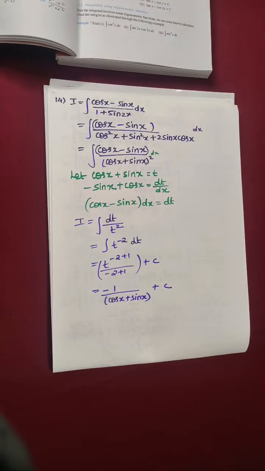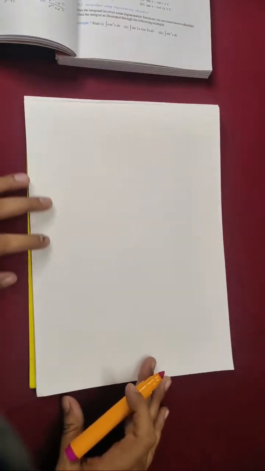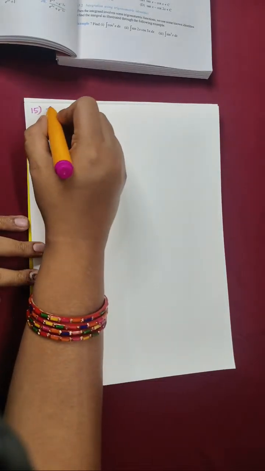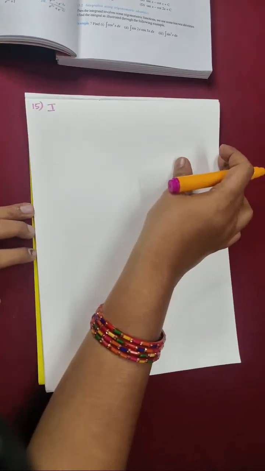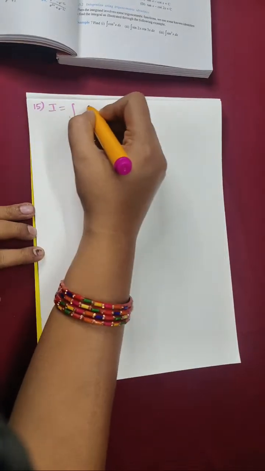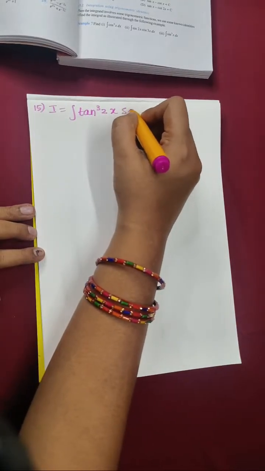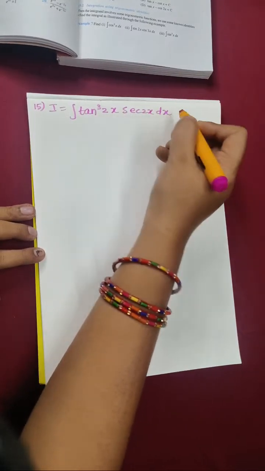What is the next question? I equal to the integral of tan cube 2x into secant 2x dx.